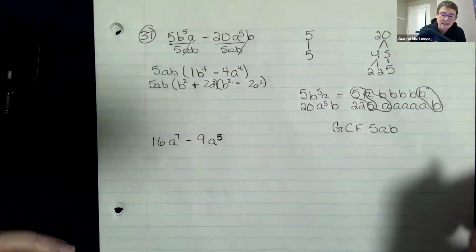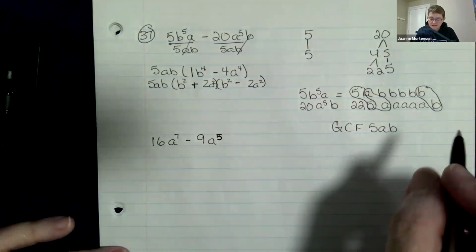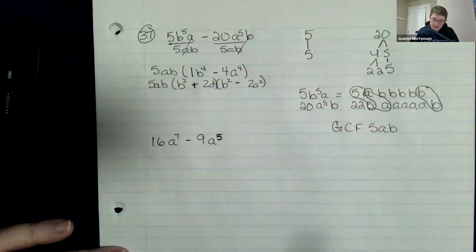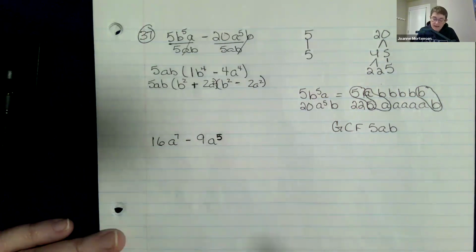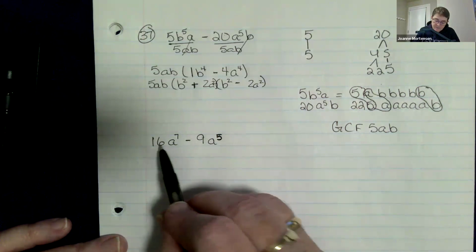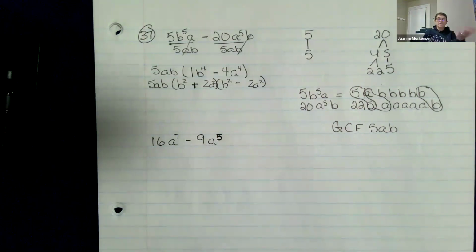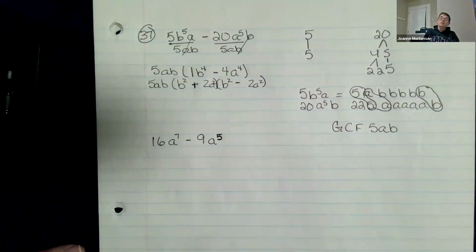I could have used 2 different letters, but it's not worth it. I could have A's and B's like over here. Anyway, back to work. Now this is different. 16 has a square root, 9 has a square root, but these guys, because they're odd, do not have a square root.